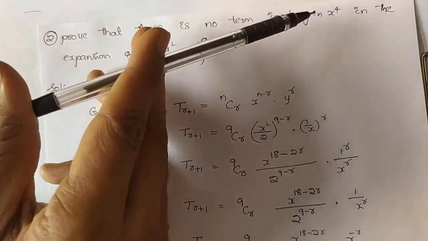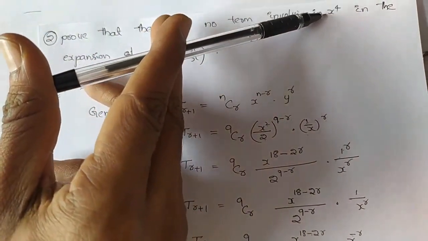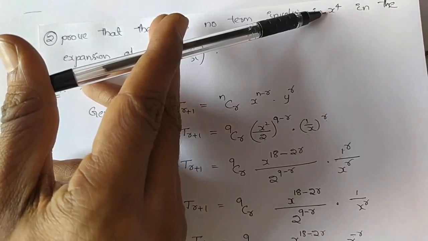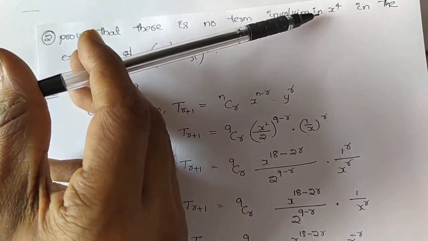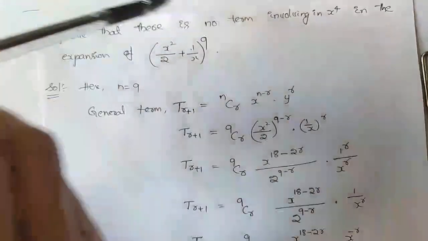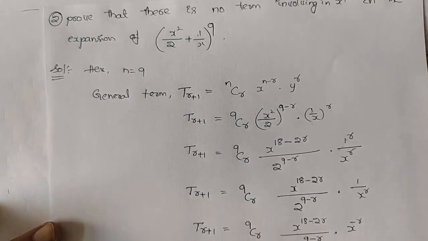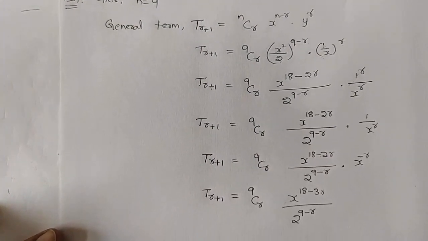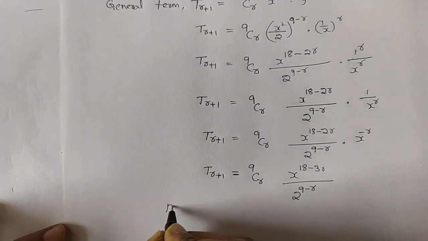So we have to equate the power of x to 4. Here we have x power 4. I am equating the powers of x to 4. It is the concept I am using, finding the coefficient.